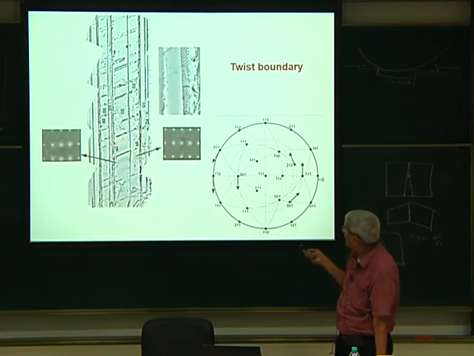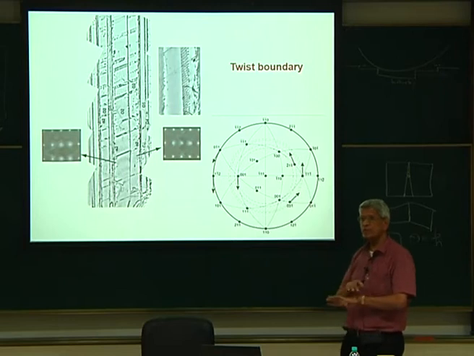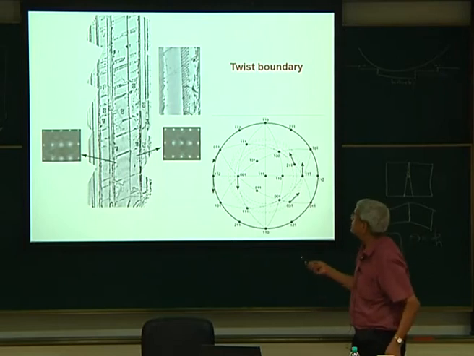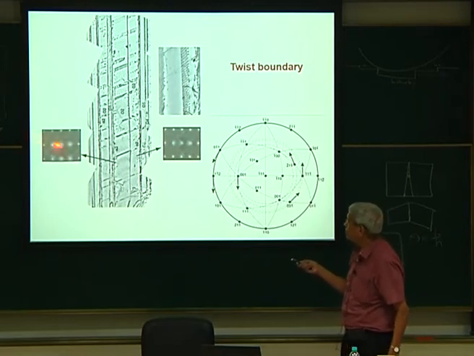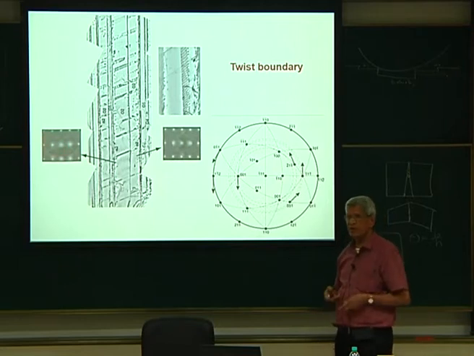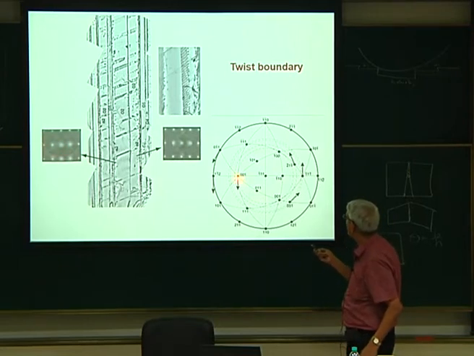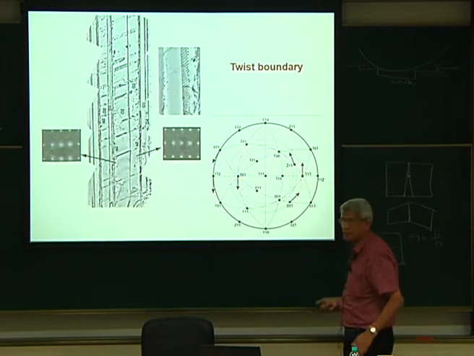Okay. Then that same region has been imaged under different conditions. This is taken under beam direction 112, then under other beam directions like 001, as is being shown. Many other beam directions have been taken.